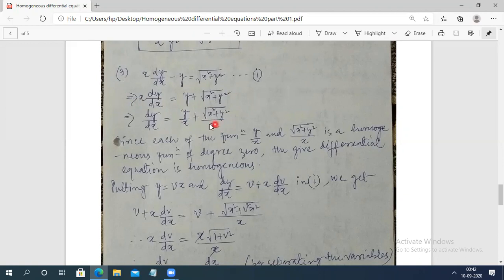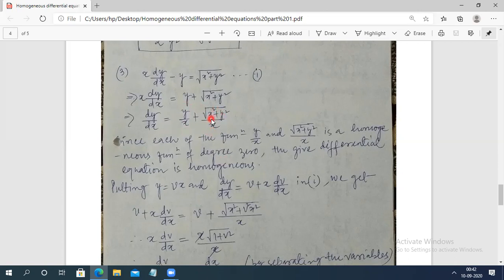Now you can see that each term, y by x and root over x square plus y square by x, is a homogeneous function of degree 0, because this is y raised to the power 1 and x raised to the power 1, so 1 minus 1 is 0. Or you can say this can be written as lambda raised to the power 0 times y by x, and this is again lambda raised to the power 0 times root over x square plus y square by x.